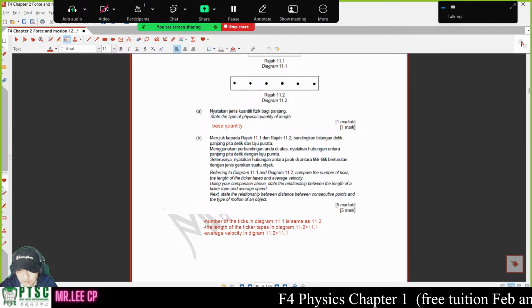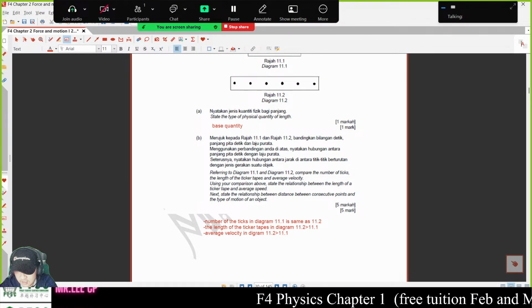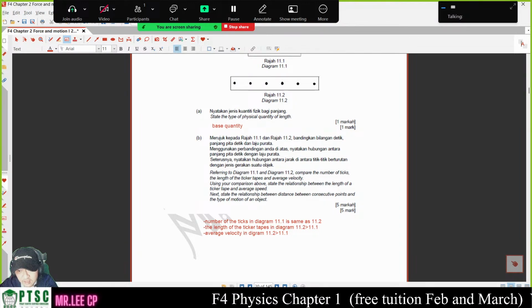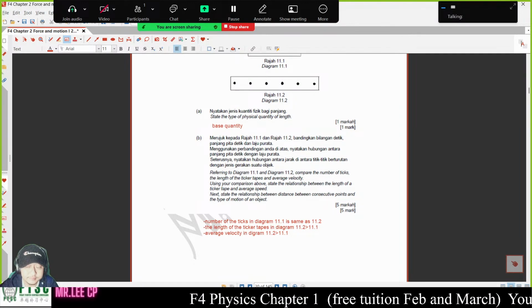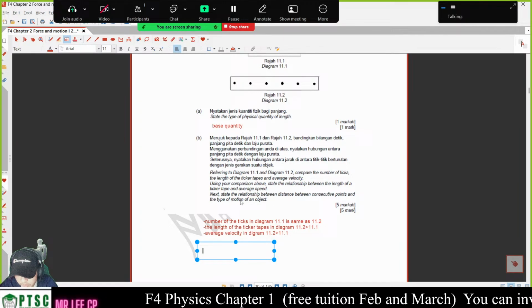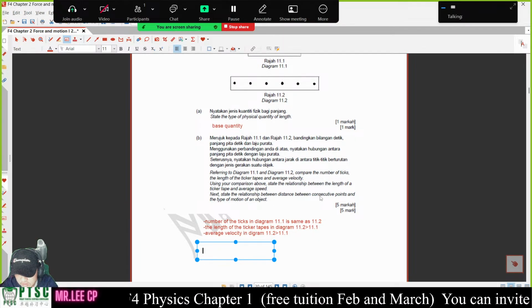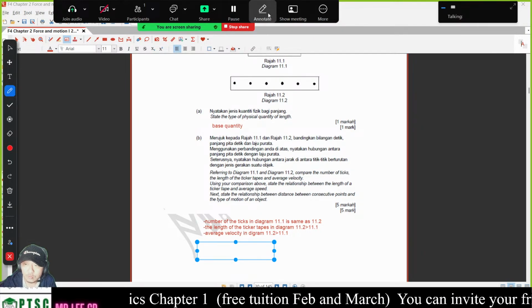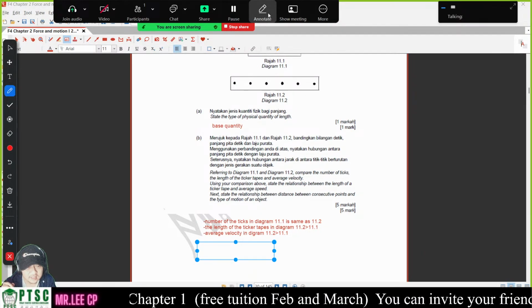Next, state the relationship between the distance between consecutive points and the type of motion of the object. So this is 5 marks. 1, 2, 3 already, 2 more marks from here. What does the distance between two consecutive points mean?